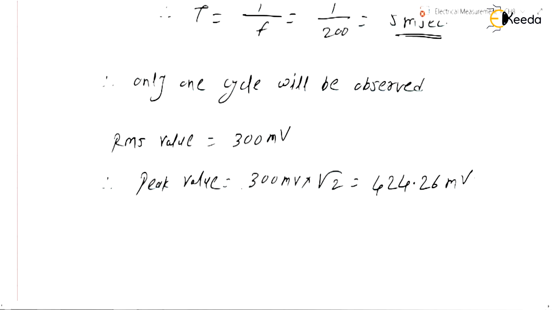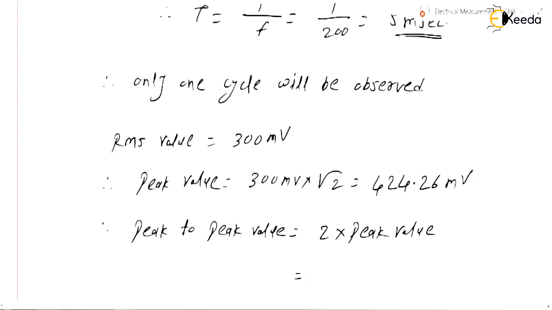This is the peak value, so the peak to peak value is 2 times the peak value, which is equal to 848.53.